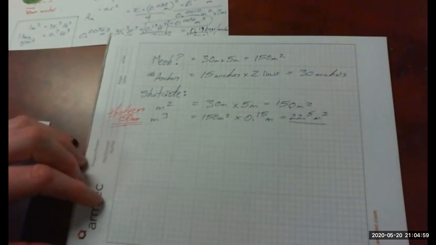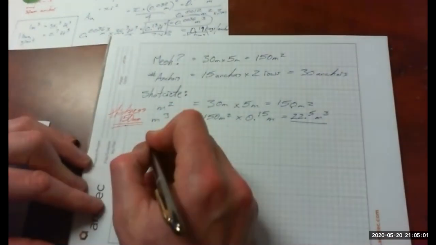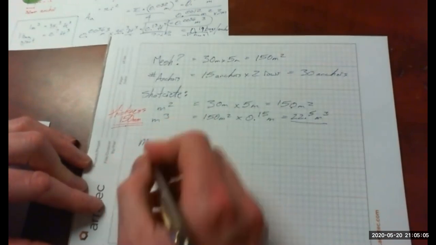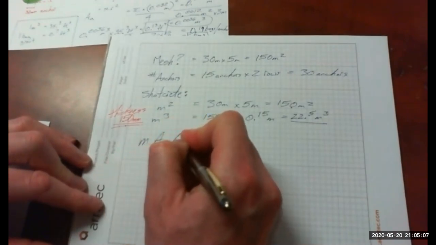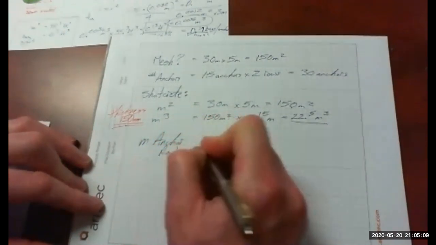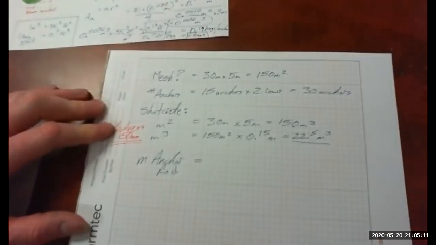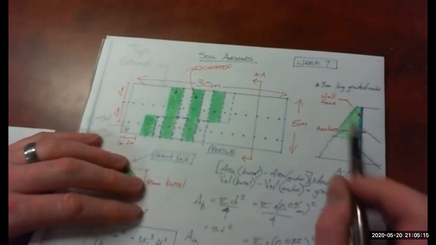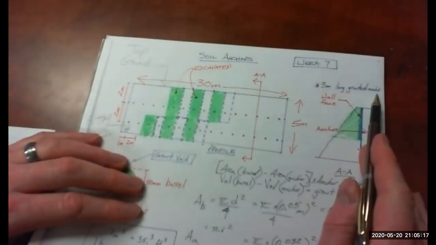Okay, so one last one. How many meters of anchor rod do we need? We said we had 3 meters of grouted anchor.